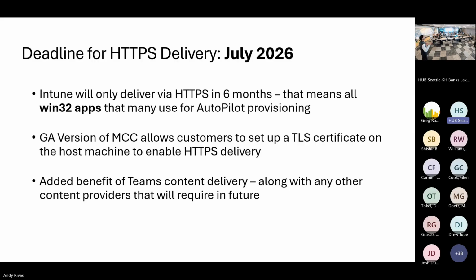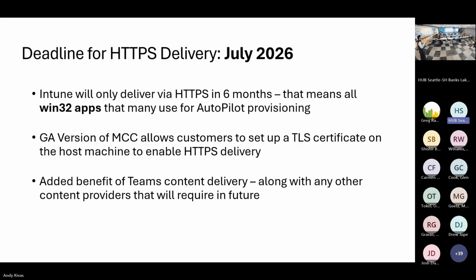This is going to become more urgent this year because Intune will require HTTPS delivery of their apps starting in about July 2026. Announcement coming soon. That's a little sneak preview of what's to come. This is especially important if you use Intune for things like Autopilot provisioning of your devices.